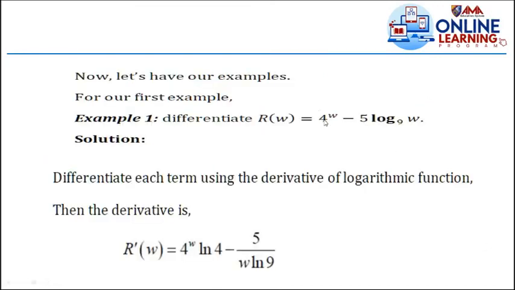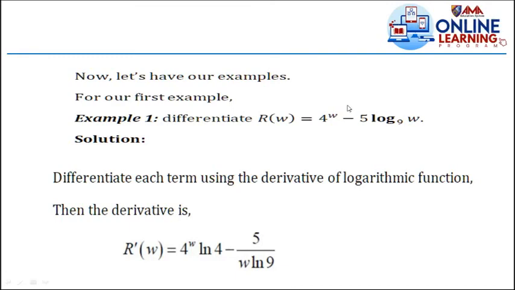For this one, our a is equal to 4. Our u is w. So the derivative of w is equal to 1, because w raised to 1 minus 1 is w to the 0, that is equivalent to 1. Okay?